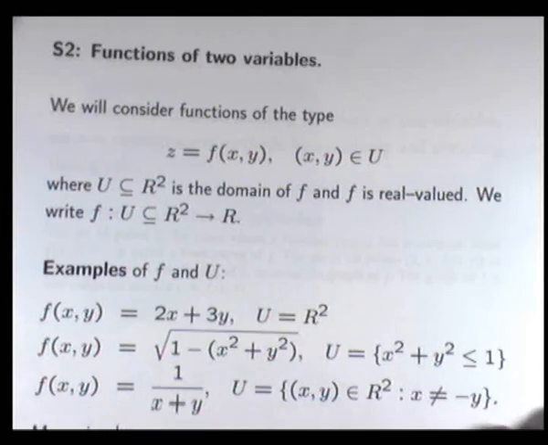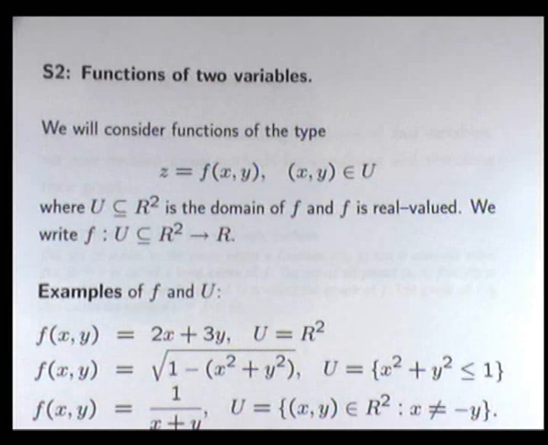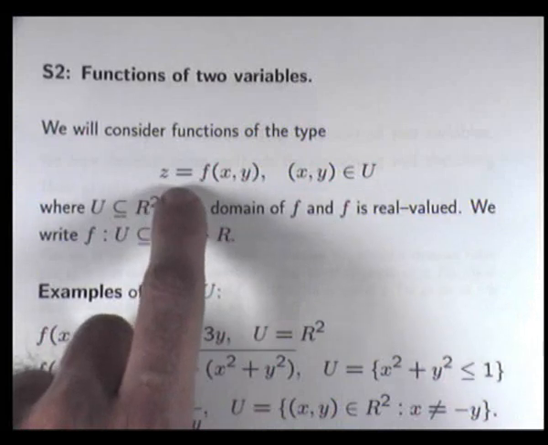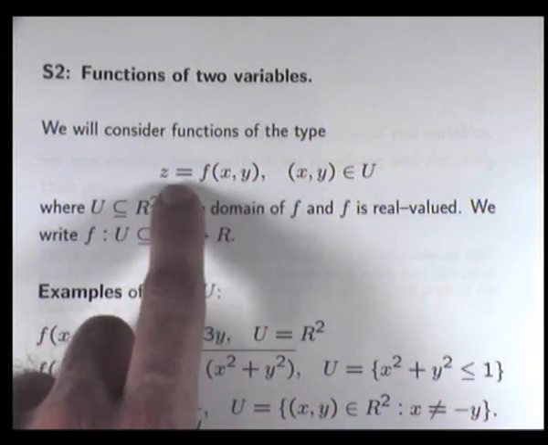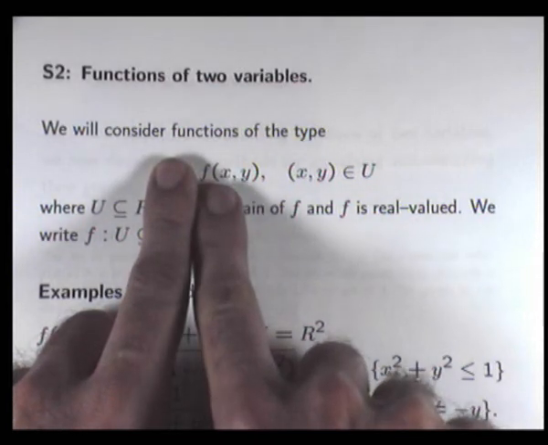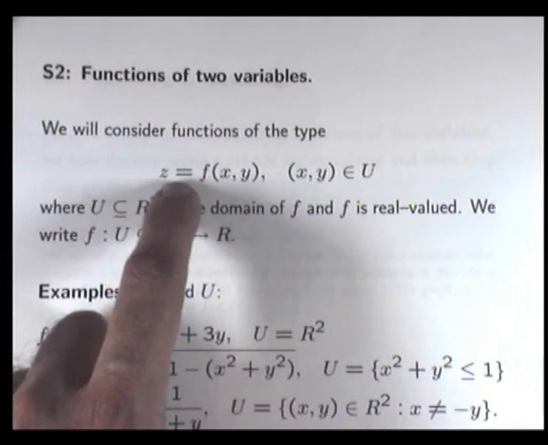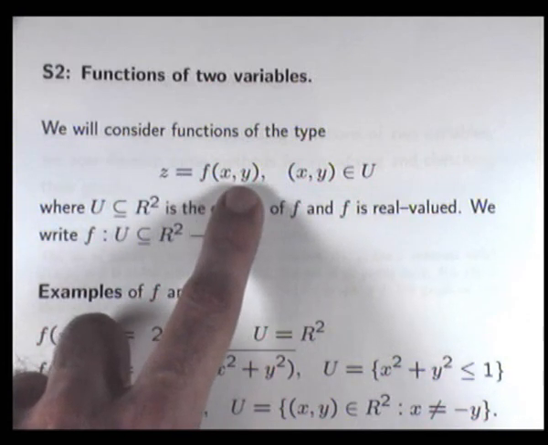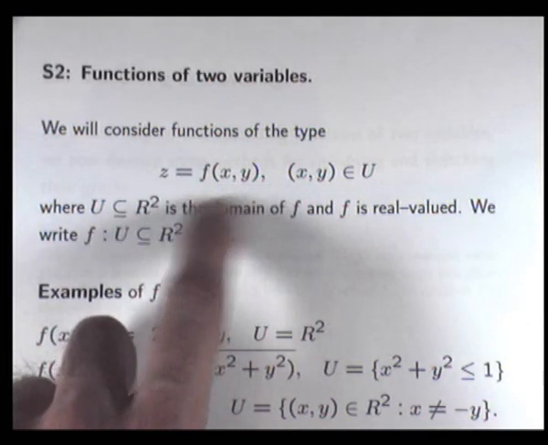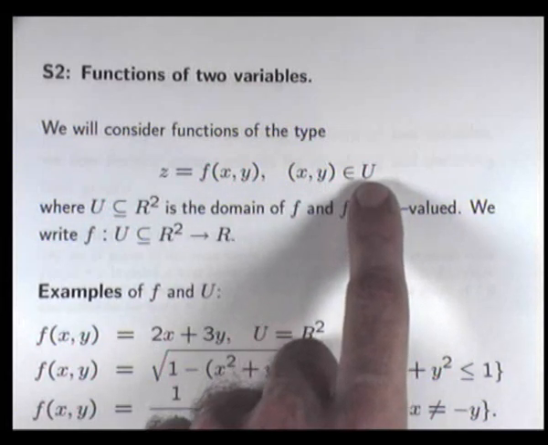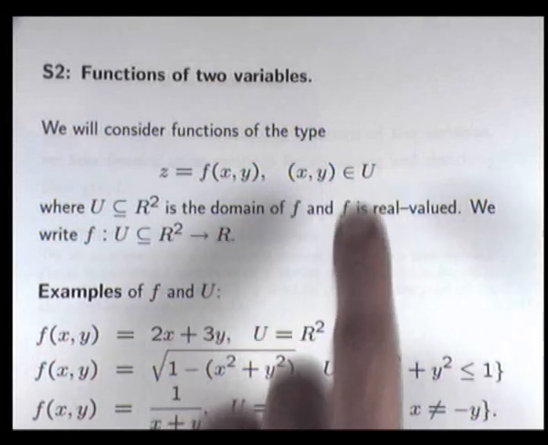All right, so what is a function of two variables? Firstly, some notation. Basically, we're going to consider functions of the following type. Here f is the function, but a lot of people write it z equals f of x comma y. The x and y are the independent variables, and this U is the domain of f, and U is a two-dimensional set.